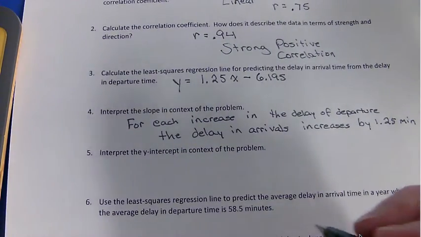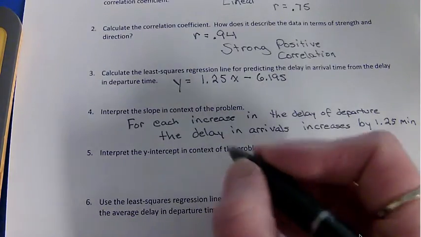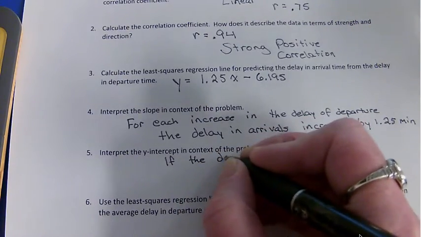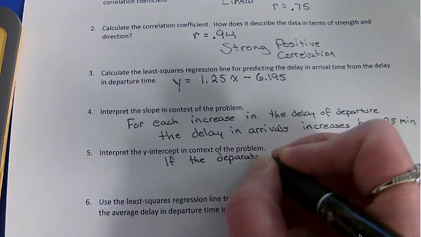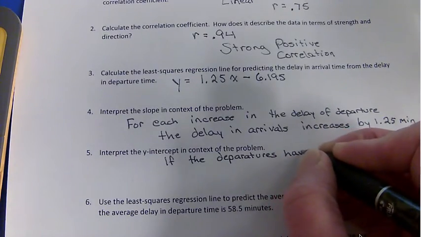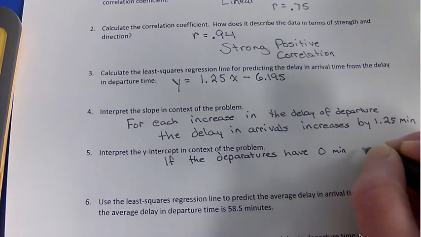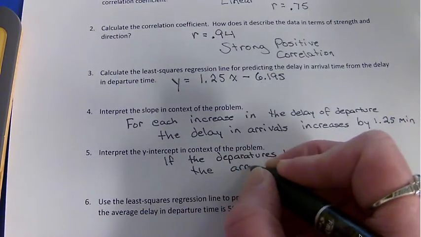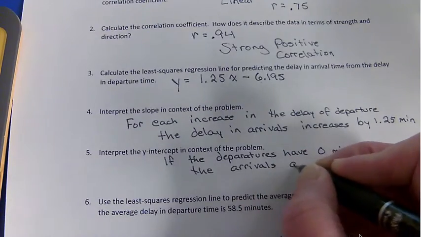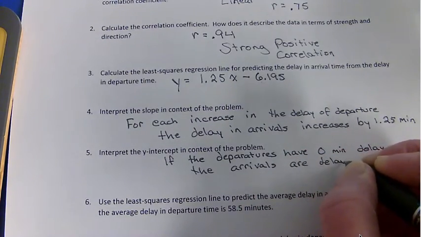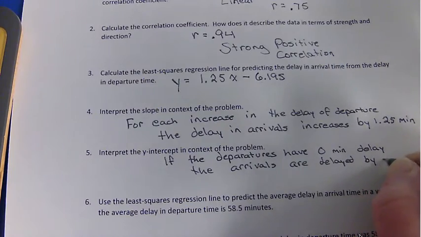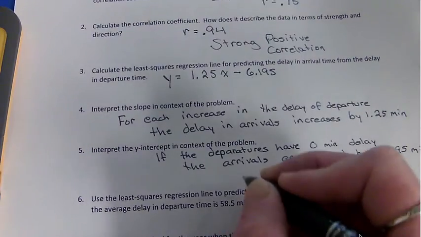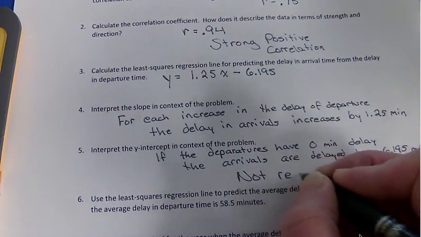Interpret the y-intercept in the context of the problem. So that would mean that if the departures have 0-minute delay, the arrivals are delayed by negative 6.195 minutes, which doesn't make sense, so this is not reasonable.